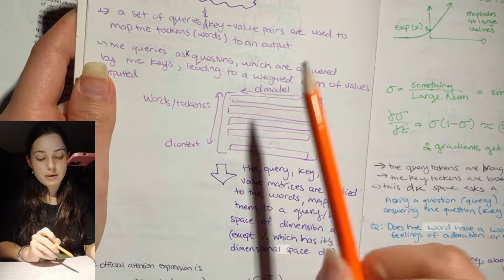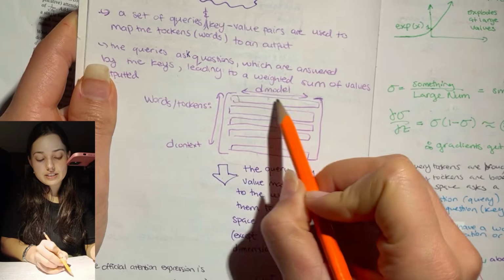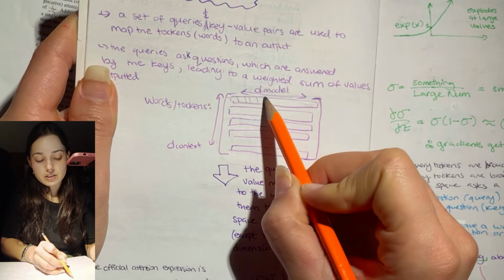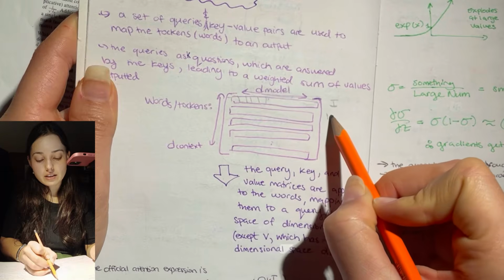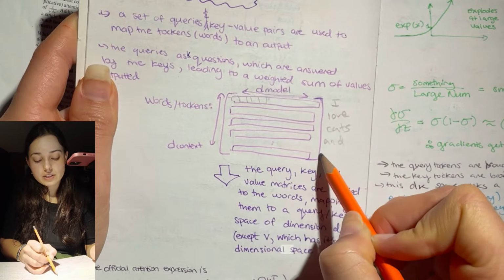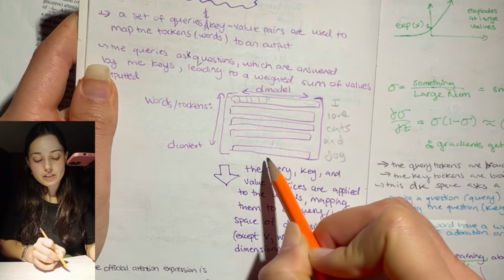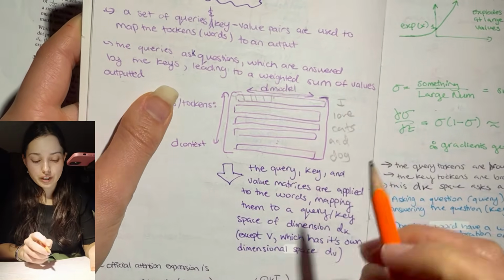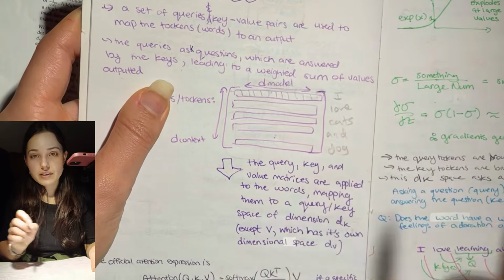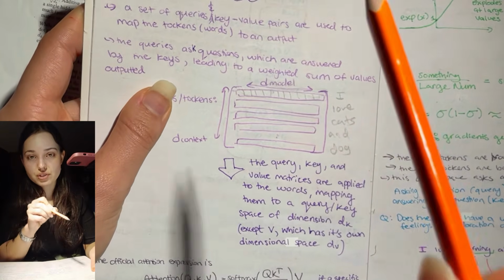here is d_model. This direction is d_model, so that means each one of these squares is a word. Let's say this one's I, this one's love, this one's cats, this one's and, this one's dogs. Each of these rectangles represents a word in a higher dimensional space, specifically 512, which was mentioned in the paper.